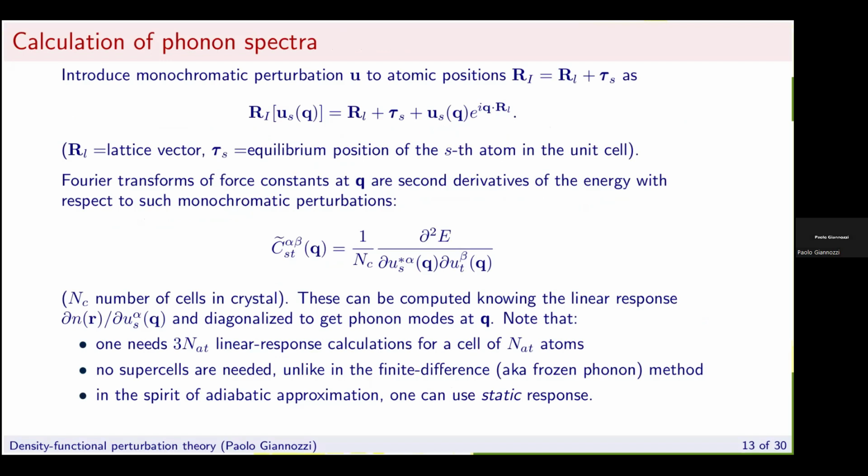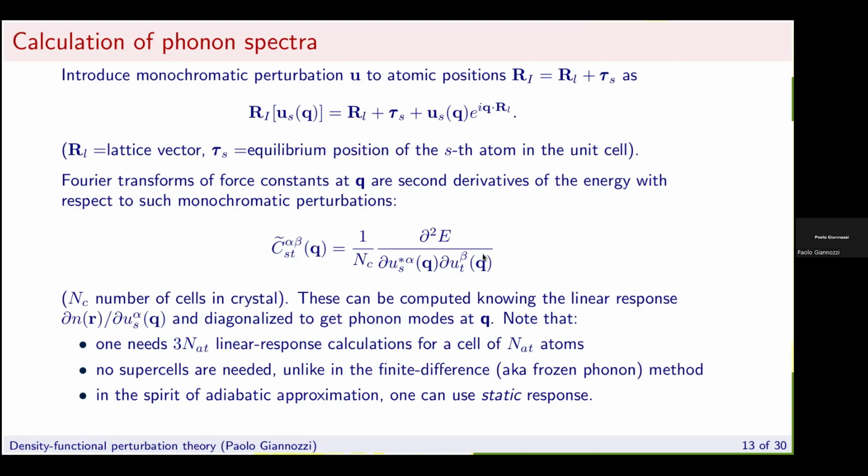So we have to introduce a monochromatic perturbation, as shown in the definition here in the upper side of the slide. It can be shown that the object we need, that is the Fourier transform of the force constant at the given wave vector, are the second derivatives of the energy with respect to such monochromatic perturbation that I have defined here as u of s as a function of Q.